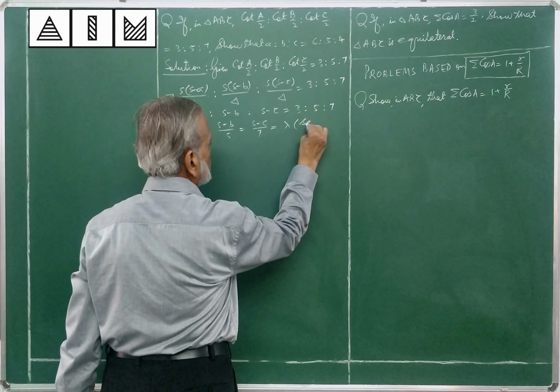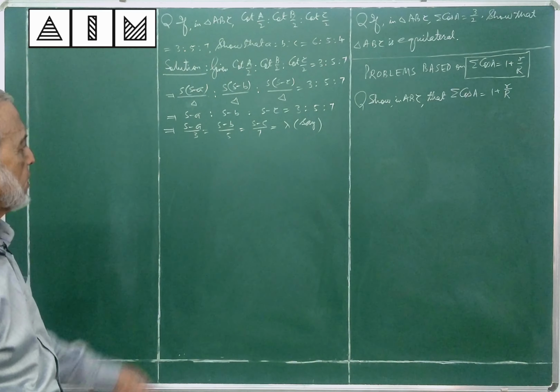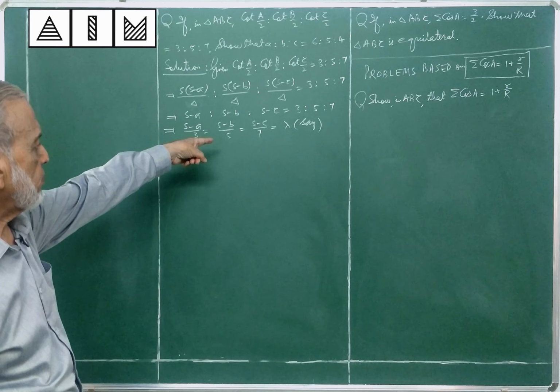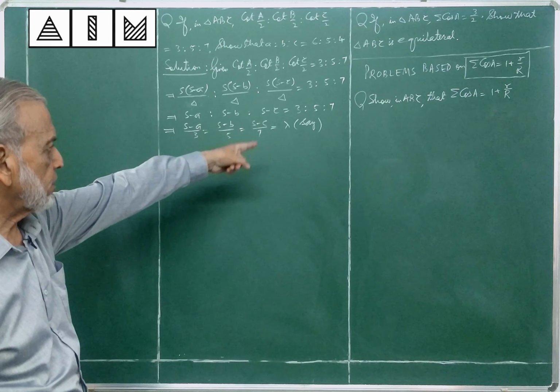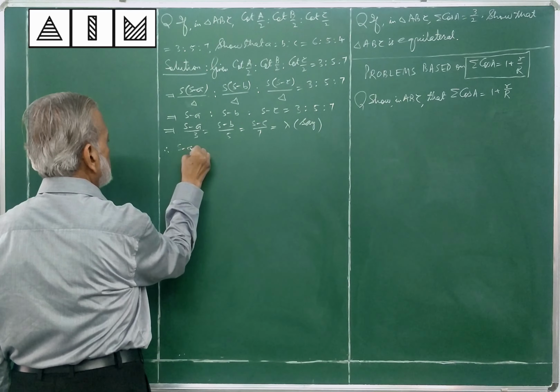We shall suppose S minus A by 3, S minus B by 5, S minus C by 7 is equal to lambda. That means S minus A is equal to 3 lambda, S minus B is equal to 5 lambda, S minus C is equal to 7 lambda.